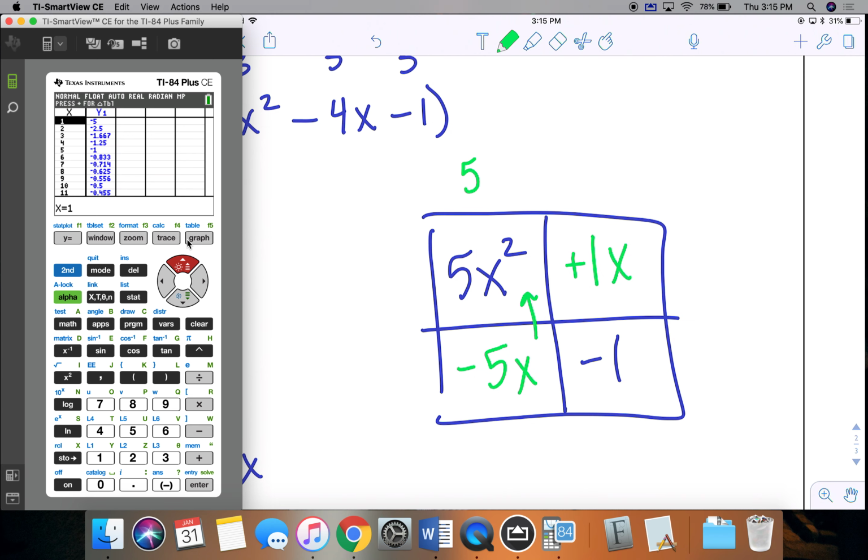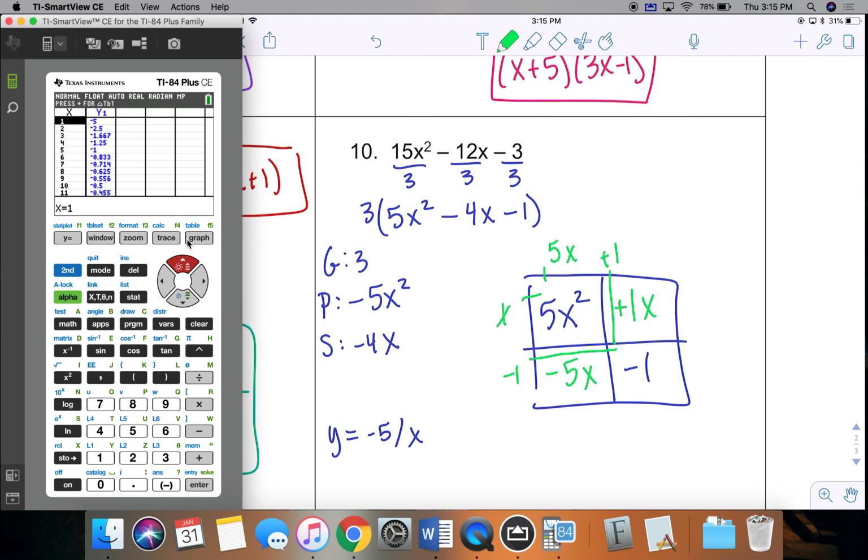So 5 and -5 share 5, x squared and x share an x. 5x squared and 1x share an x. -5 and -1 share a -1 only. 1 and -1 multiplies to -1. So my GCF is 3. 5x plus 1, x minus 1.